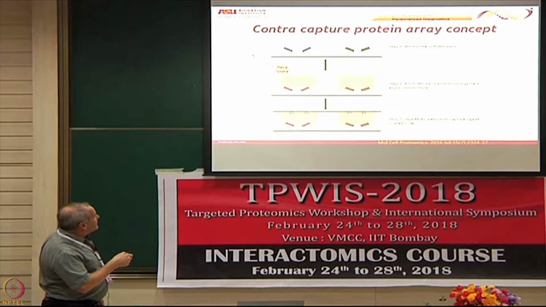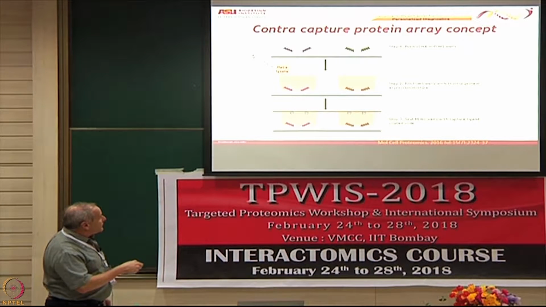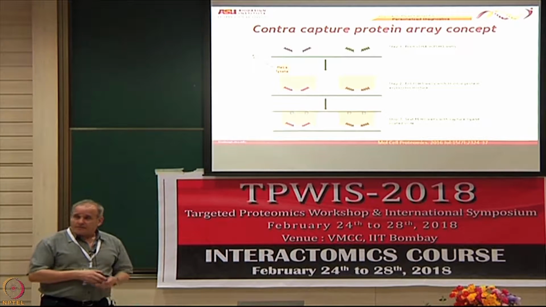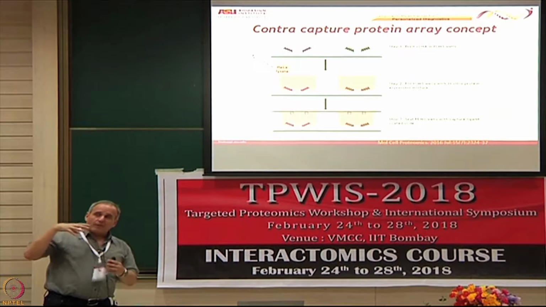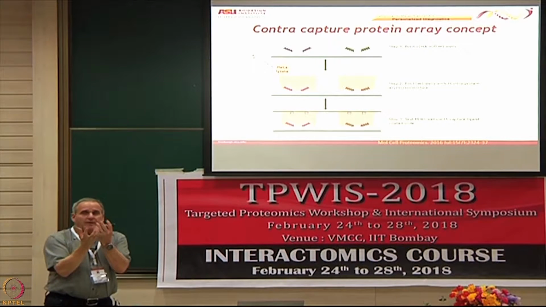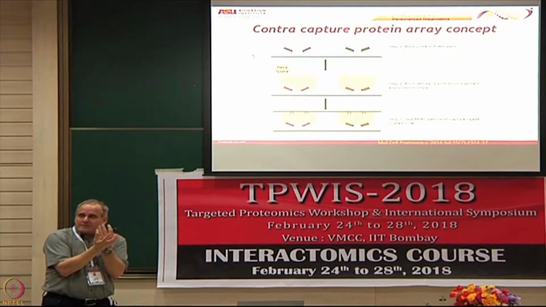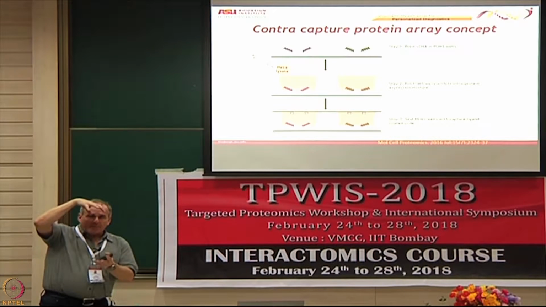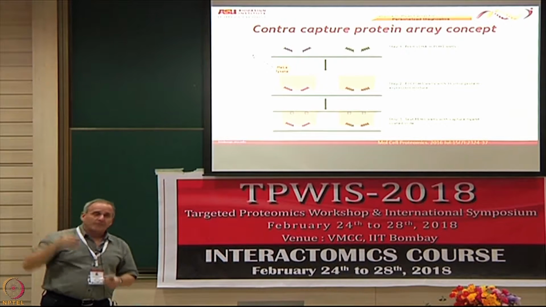We add the lysate to make the protein. And then we cover the well with a glass slide that has the capture agent on it. So we separate where the capture agent is from where the DNA is. Normally in NAPPA, you print the capture agent and the DNA at the same place. Here, they're on opposite ends of the sandwich.